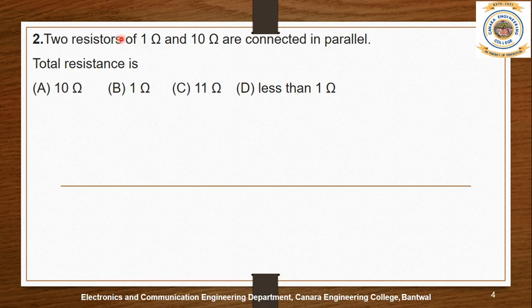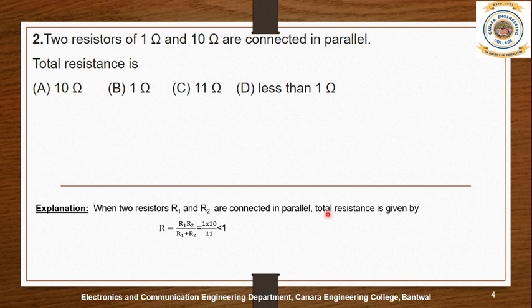When two resistors are connected in parallel, total resistance is given by R1 R2 divided by R1 plus R2. So 1 into 10 divided by 1 plus 10, 11. So 10 by 11, which is less than 1. So the correct answer is option D.